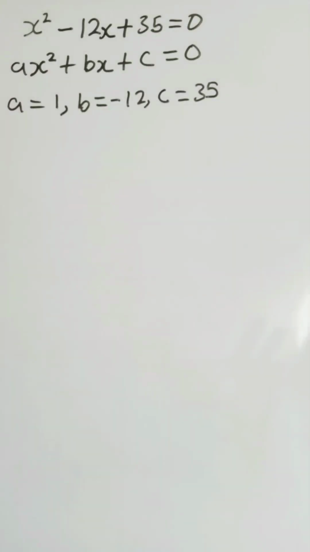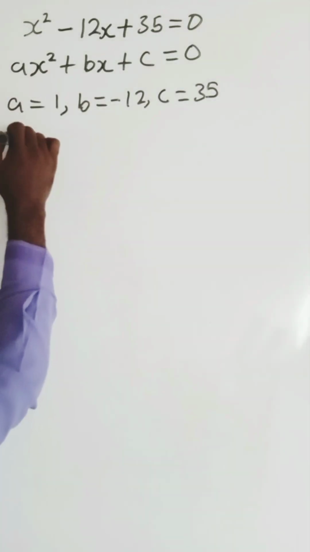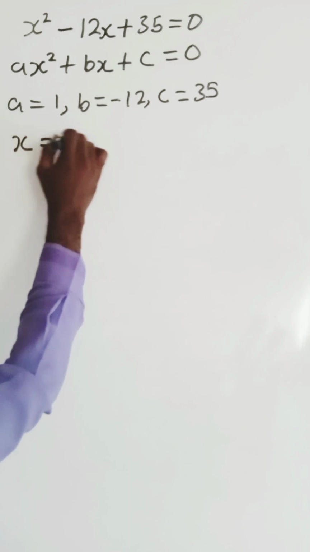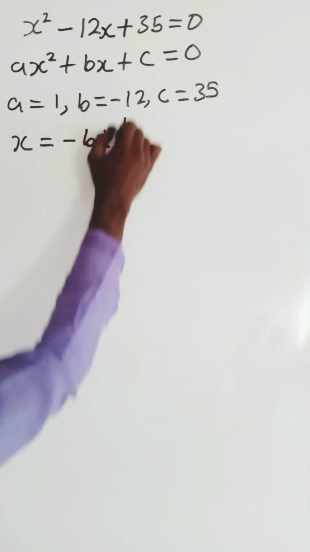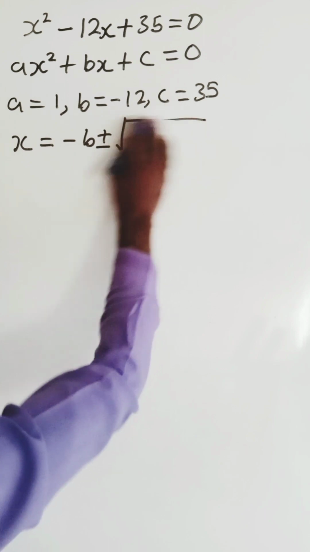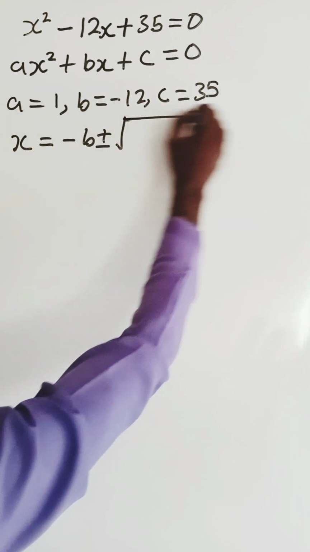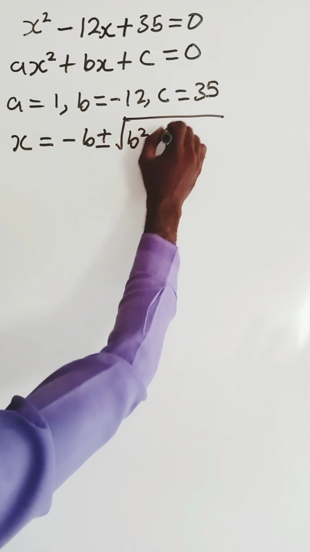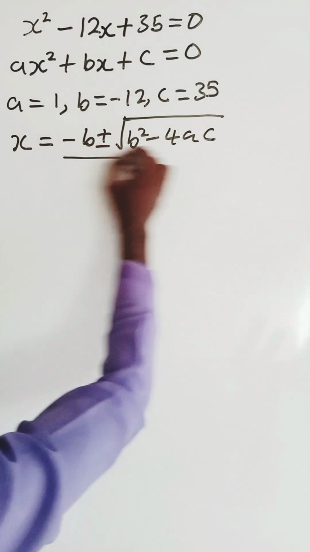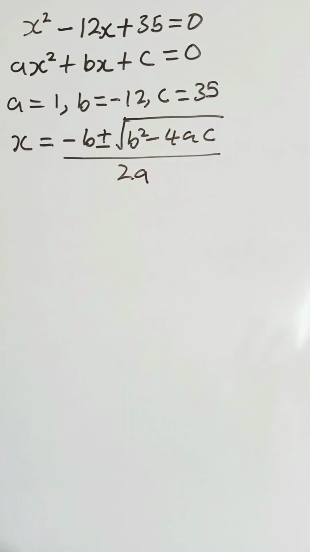After that, let's write down the general quadratic formula, which is x equals minus b plus or minus the square root of b squared minus 4ac, all over 2a.